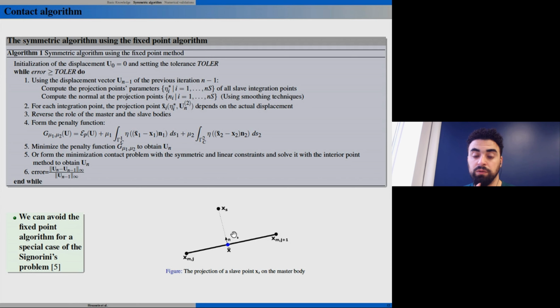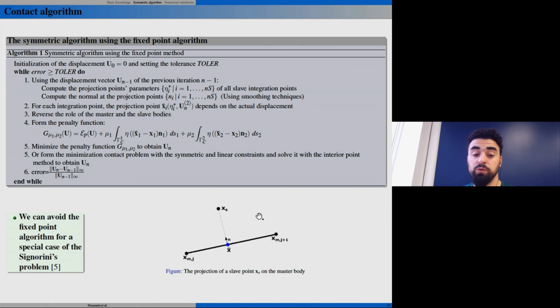in the actual iteration n, and therefore our non-penetration condition will be (XS minus X bar) scalar n. And because XS depends linearly on the degrees of freedom of the first body, and X bar depends linearly on the degrees of freedom of the second body, we will have linear constraints.